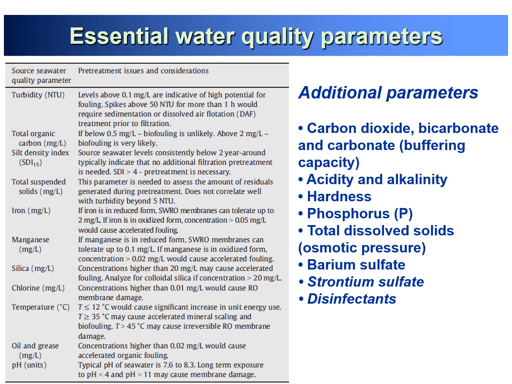So we have to consider how much hydraulic pressure has to be applied, and then recovery can be obtained. And barium sulfate, strontium sulfate, and disinfectants are very important for designing your seawater desalination plant.